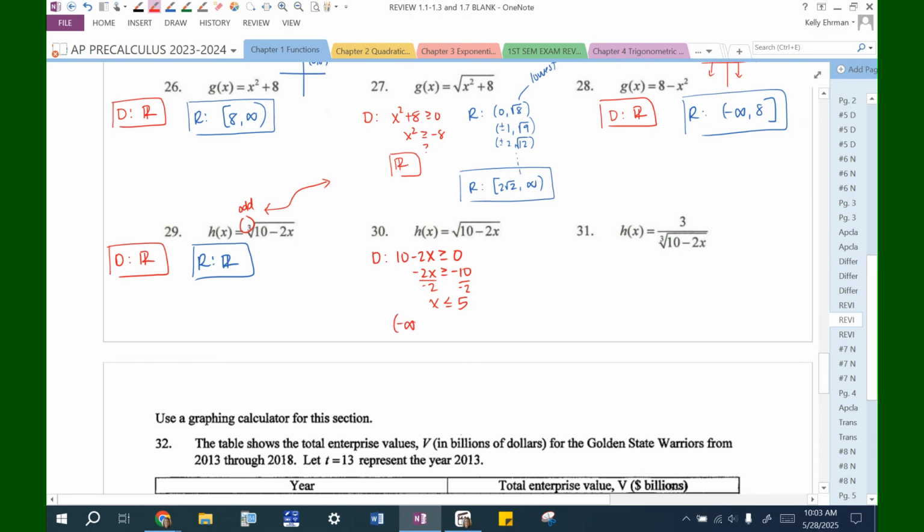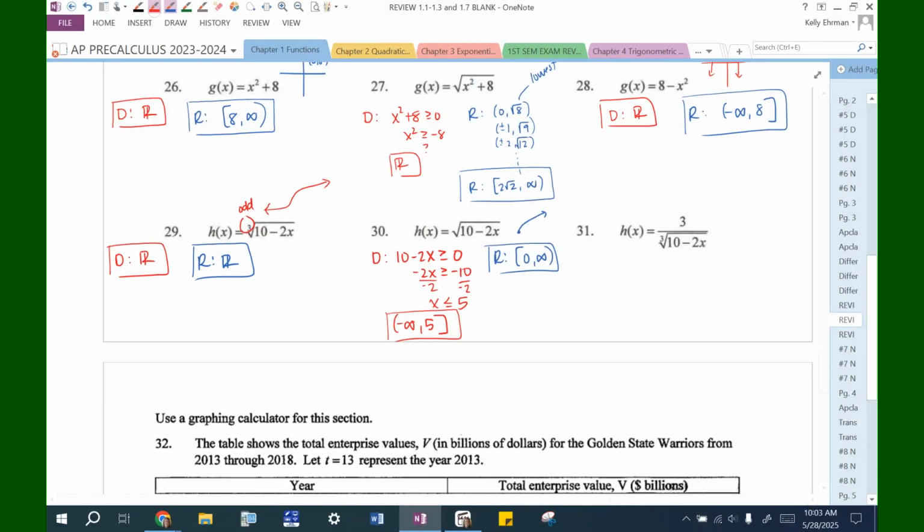So negative infinity to 5 with a square bracket. And then the range, again, this is a square root function. It has not been shifted vertically. It's been stretched and shifted horizontally, but it still is one of those that starts somewhere on the x-axis and goes up. So 0 to infinity.